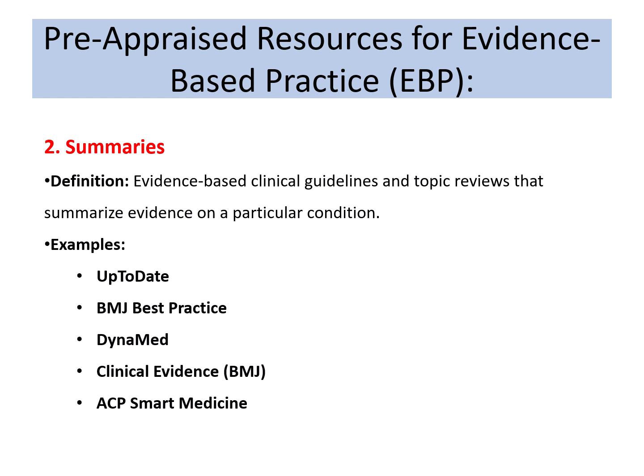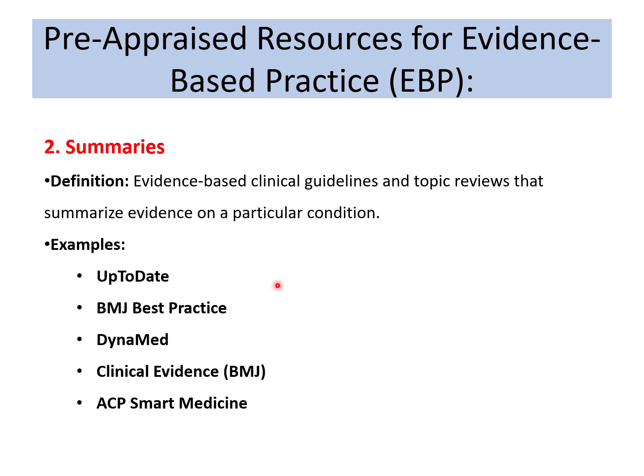The other options for us are summaries: the evidence-based clinical guidelines and topic reviews that summarize evidence on a particular condition. They are available on UpToDate, BMJ Best Practice, DynaMed, Clinical Evidence, BMJ, and ACP Smart Medicine.